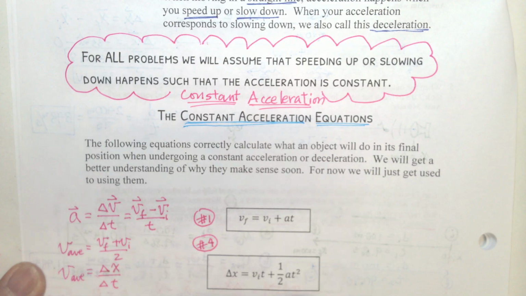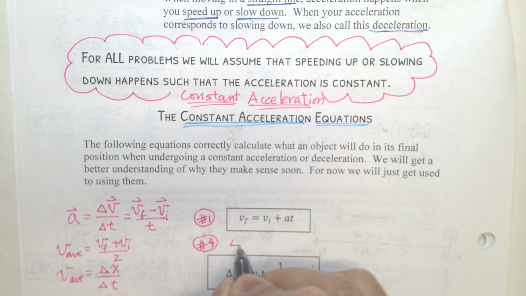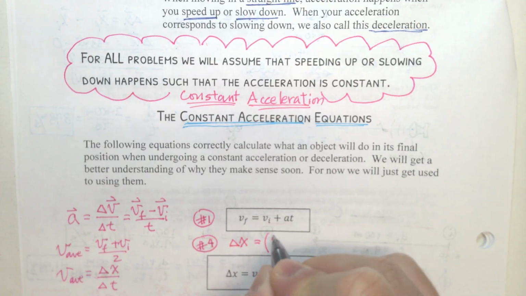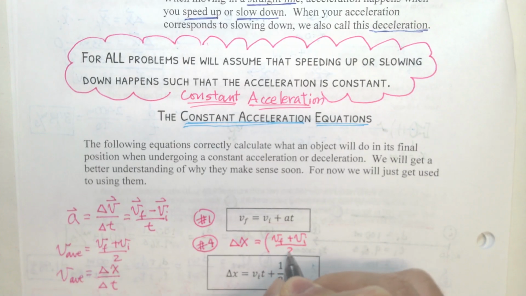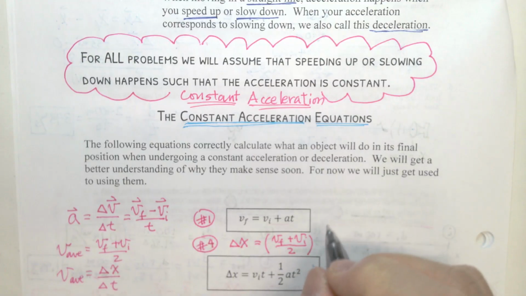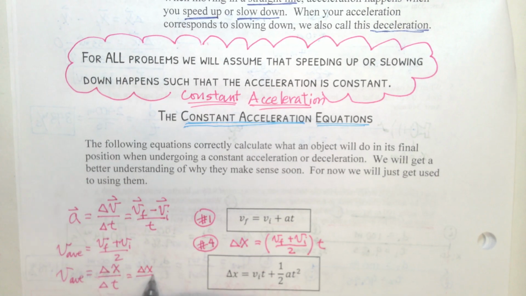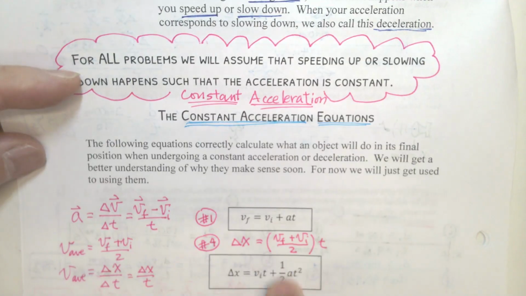Therefore, if I set them equal to each other and solve for delta x, my delta x is equal to simply Vf plus Vi, whole thing over 2, times delta t, or just t. T or delta t, same thing. I'm going to consider that to be my equation number 4.